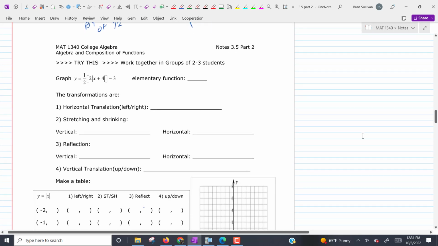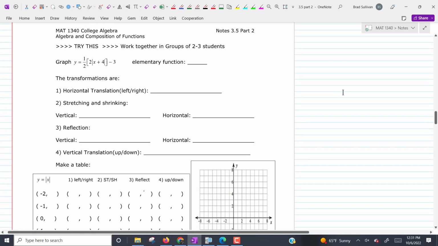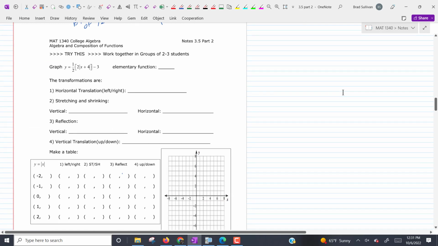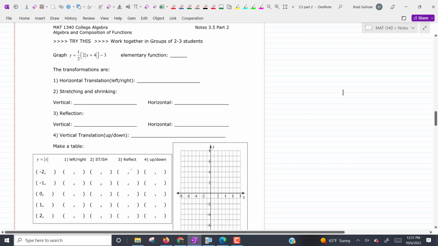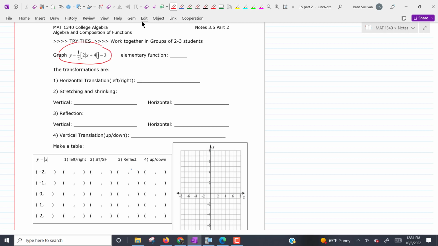Out of the things we're working with in this section, these are some of the harder things to learn, but they're really important for higher math. So what I want you all to do, and I'll come around and help you, and you should really work together on this so you can see how you're doing. We have this function, an absolute value function.